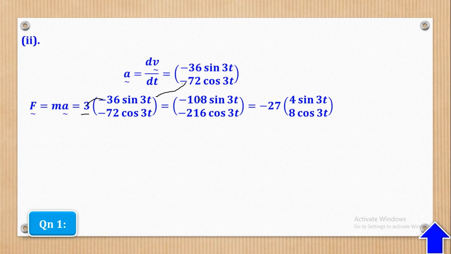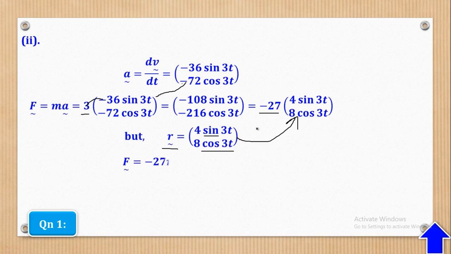But 108 and 216 have a common factor, which is 27, and this negative is also common, so I first pull out negative 27 to remain with 4 sine 3t and 8 cos 3t inside. But I know that r is equal to 4 sine 3t, 8 cos 3t, and you realize that's the same as this. Therefore, I conclude that F is equal to negative 27 r as required.